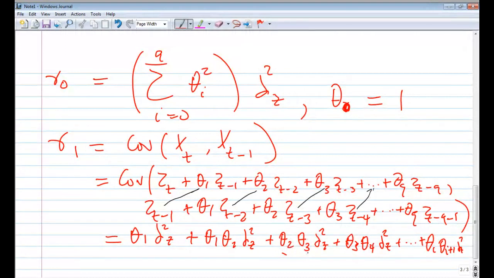If you have theta 2, the next one is going to be theta 3, so it's like theta 2 plus 1, which is theta 3. The same applies here. You have theta 1 and theta 2, it's like theta 1 plus 1, which is theta 2. So the same applies to this. In this case, it is theta i theta i plus 1 sigma squared z.